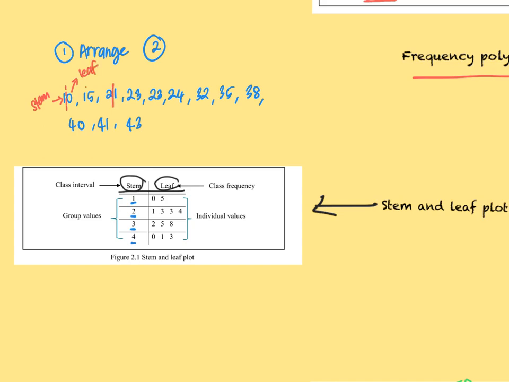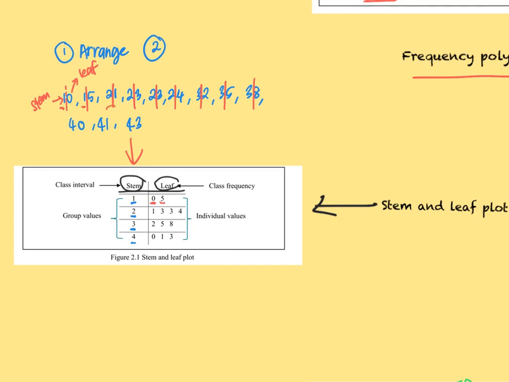Everything here is the same. When you convert this data into stem and leaf, those who have the same stem values, right here we have 1, you just need to draw it like that.